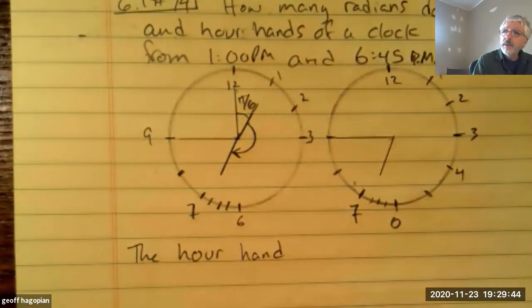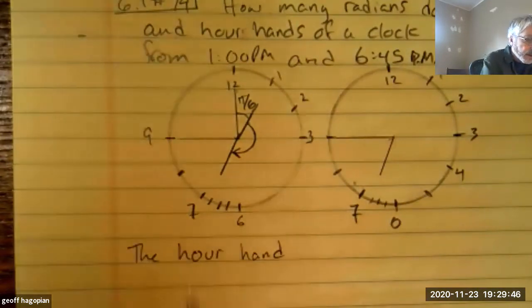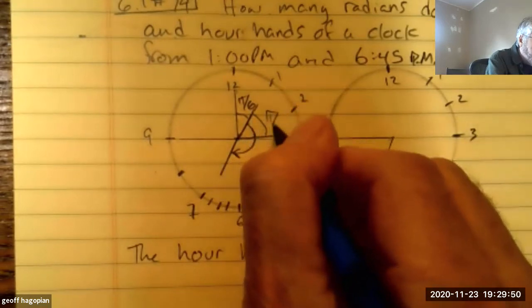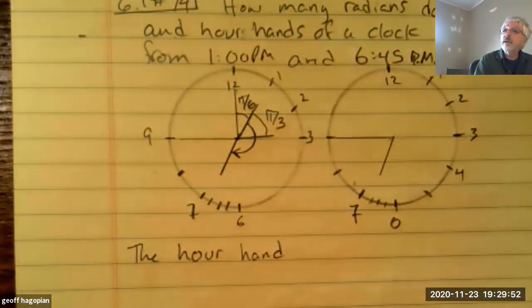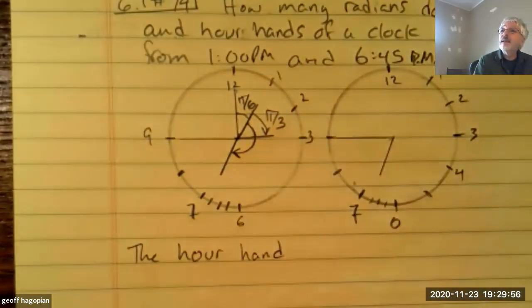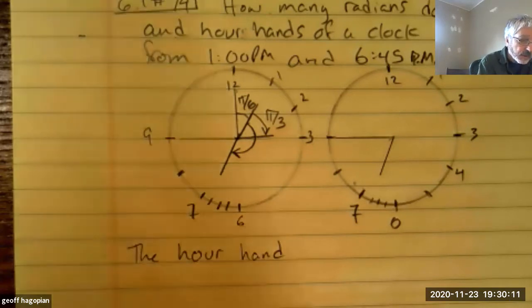So we want to compute the difference in those, right? I suppose we could say that this angle is pi over 3. So I'm going to dissect it into pieces. And then what more do we have to do? Well, another pi over 2, right? And then, I guess, 3/4 of a pi over 6.